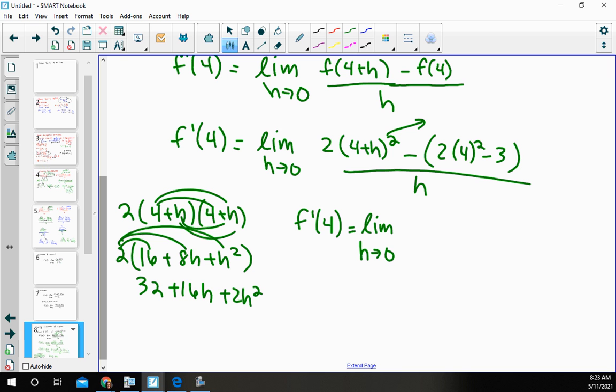So I'm going to replace this with 32 plus 16h plus 2h squared. I'm going to go ahead and type this in here. That gives me 29.